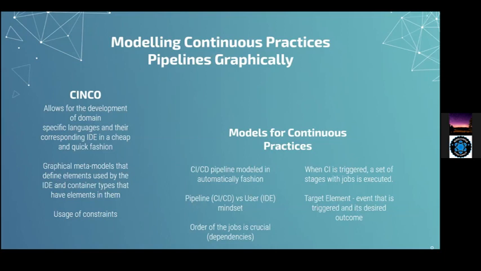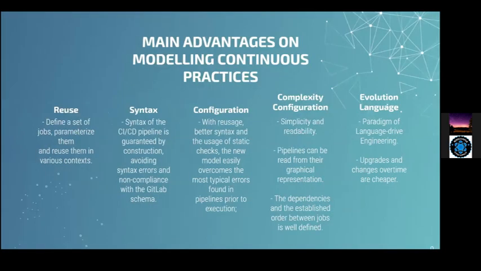As said before, in the GitLab example, the order is very important. And this model also says that there are some elements that define an event and the desired outcome. These are the basic elements of this model. As a final review, they say that this modeling allows for some main advantages over the normal tools that are now used, like the reuse of jobs that can be parameterized and then reused in various contexts.